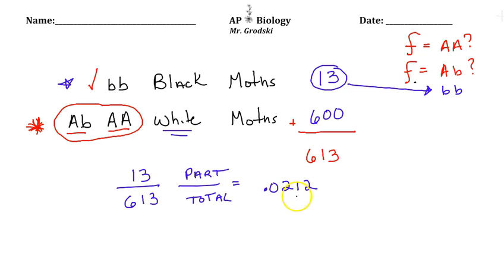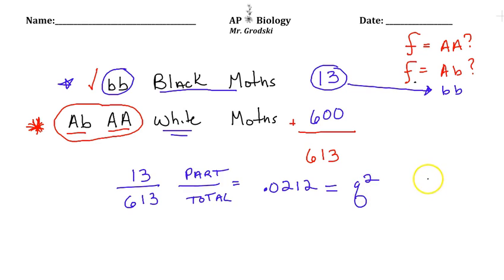That's the frequency of the individuals that have the black body, which we know is due to being homozygous recessive. So it's equal to Q squared. Why Q squared? Q is for the recessive, and these are two. Remember, to be black, you have to have two recessive alleles. So this is my Q squared.